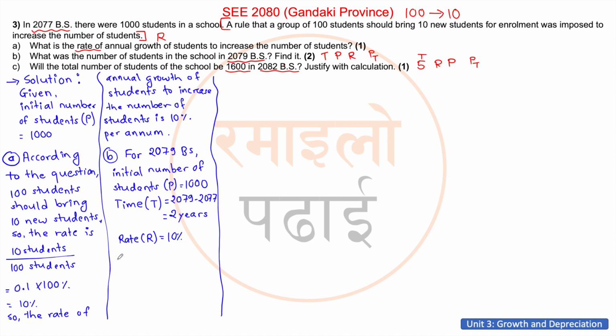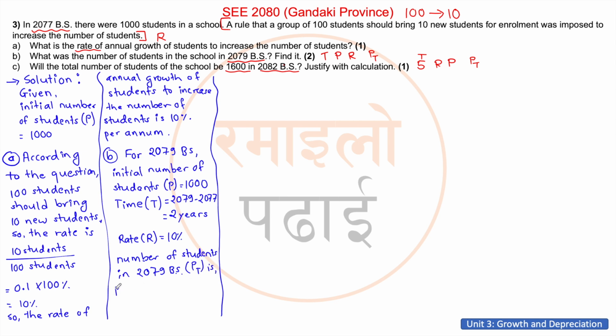So the number of students in 2079 BS, we will denote it as PT.